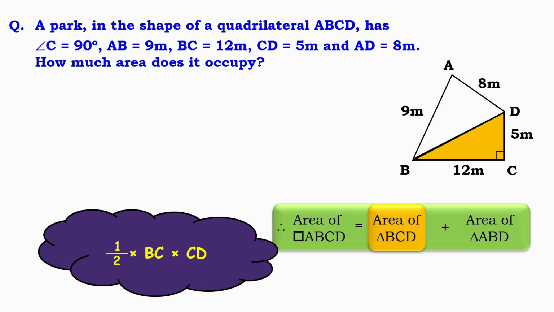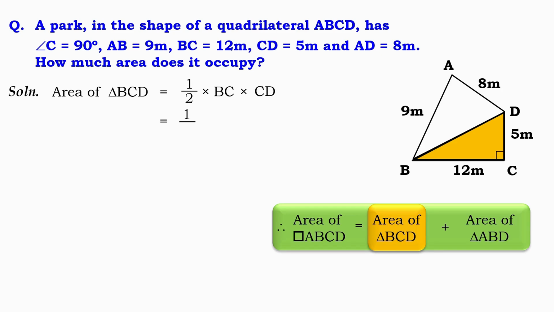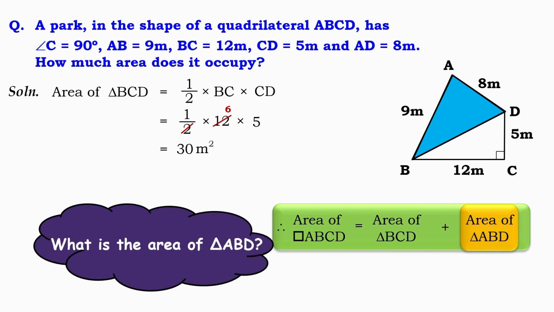We can use the formula half into base into height. Then it will be easier. We don't need to know the third side. So the area of triangle BCD is equal to half into BC into CD, that is half into 12 into 5 meter, which comes to 30 meter square.